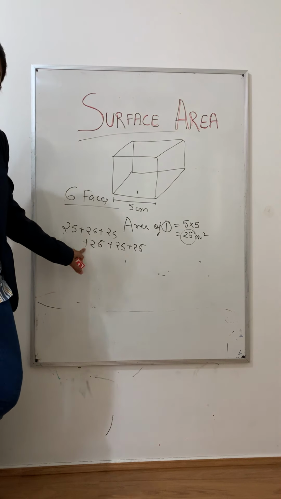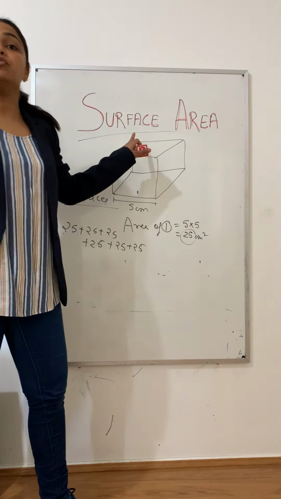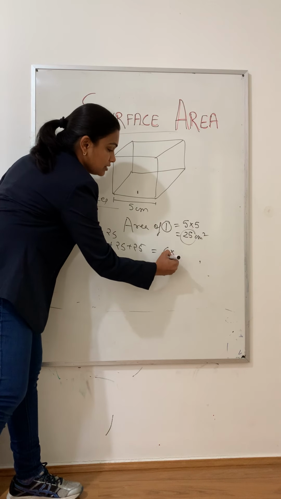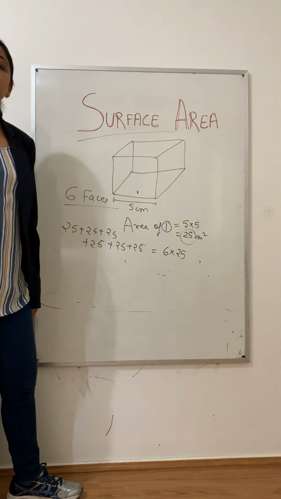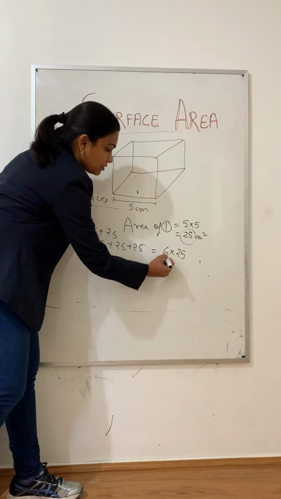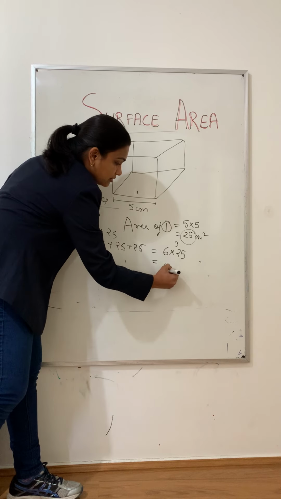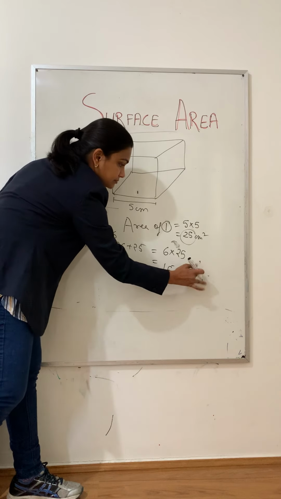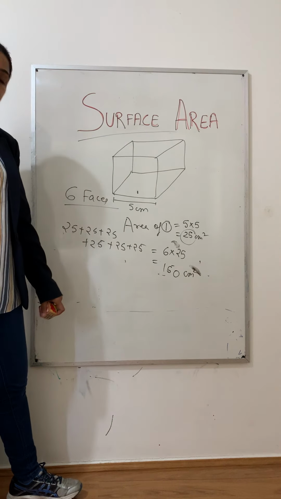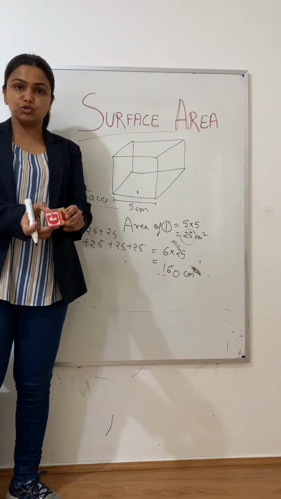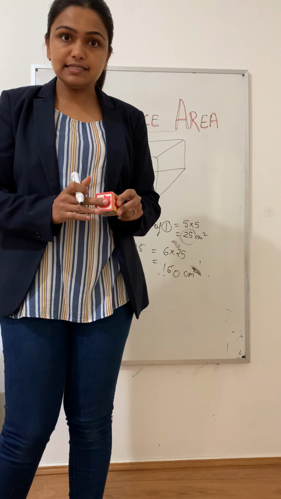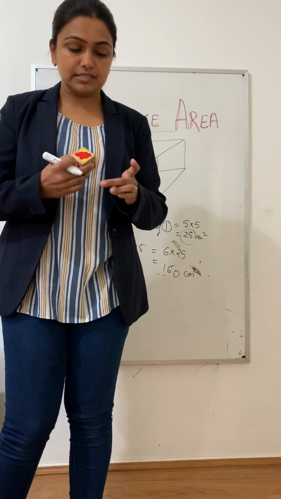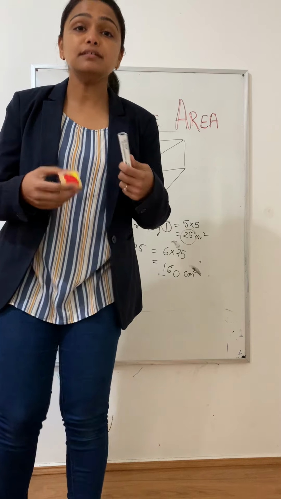I have to add 6 times the area of one of the faces of the cube, or an easy way to do it is number of faces times 25. The answer will come out to be 6 times 25, which is 150 centimeter square. Okay, this is how you find the surface area of a cube. You find the area of one of the sides and multiply it 6 times because there are how many faces? 6 faces.